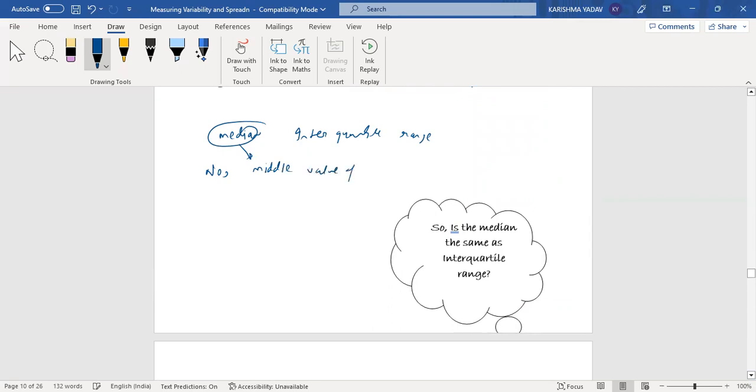And the interquartile range is the range of the middle 50% of the data.